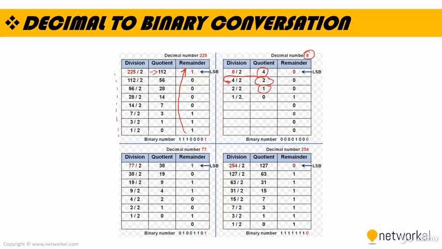And 1 divided by 2, the quotient is 0, and the remainder is 1 this time. And I'm writing from bottom to up again, and it's 0, 0, 0, 0, 1, 0, 0, 0.